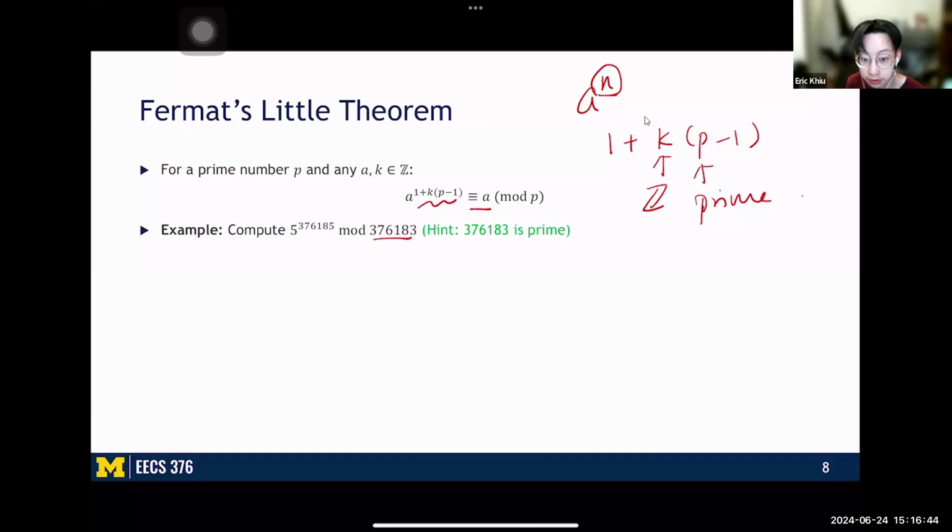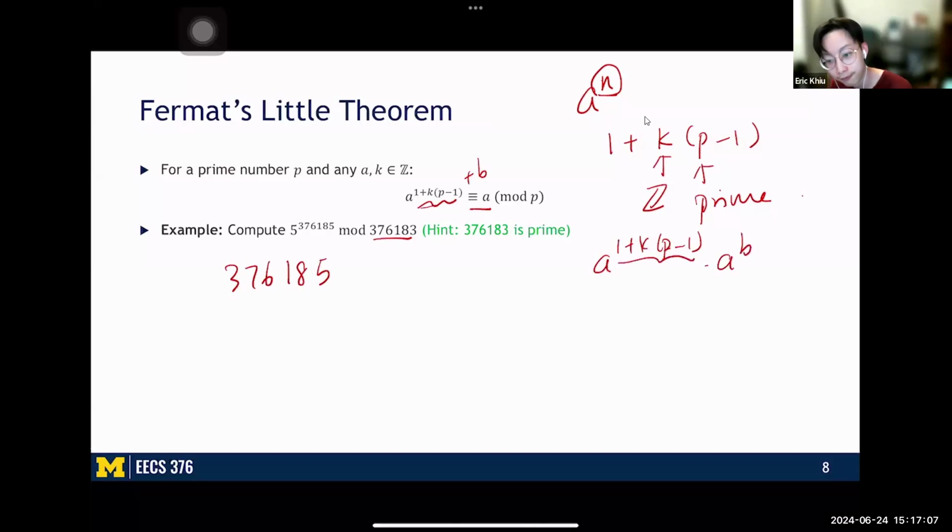the first step that you should do is to try to break down this 376,185 into this form, right? Or this form plus something, let's say plus b, so that you can write it as k(p minus 1) times a to the b. Okay, so you try to get this form out first, and then given the hint that we want to use this as our p.